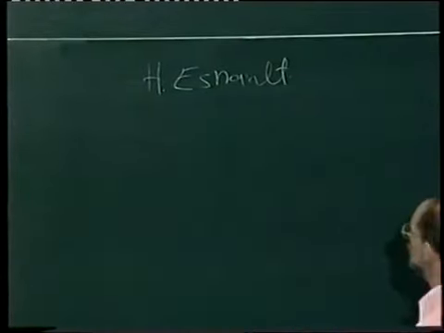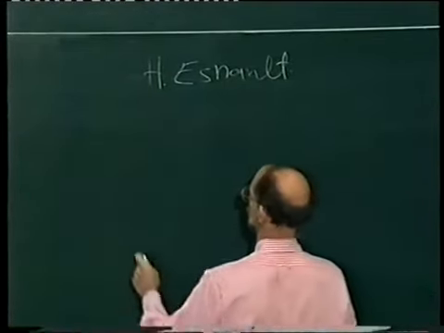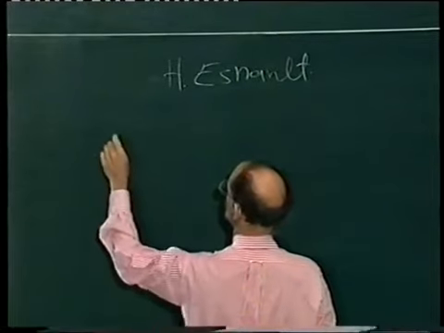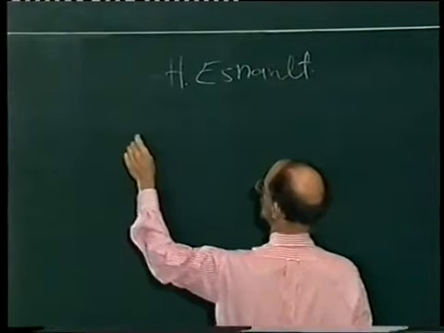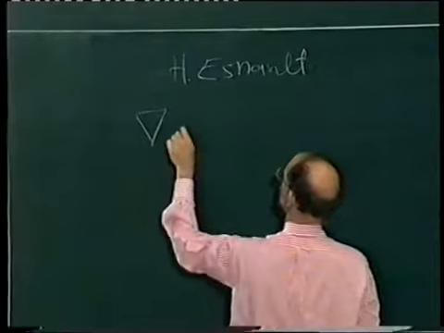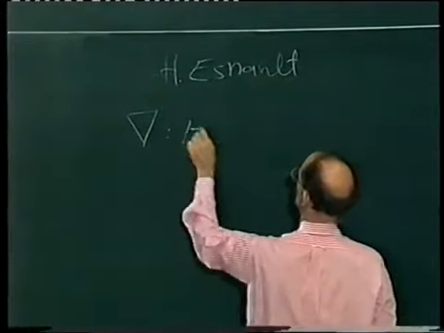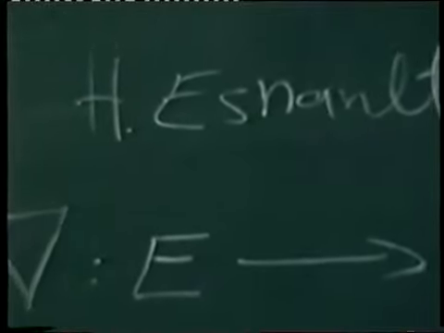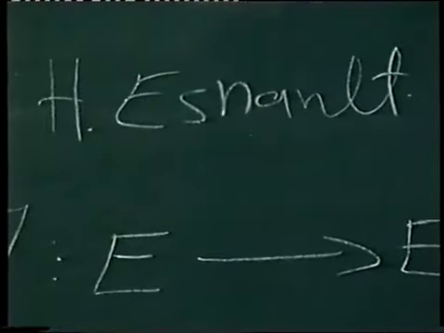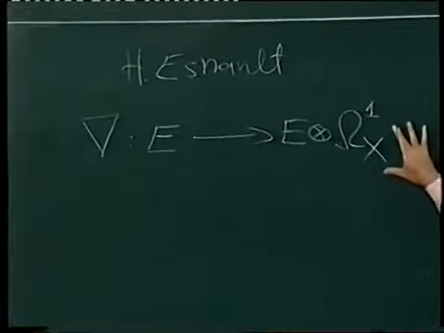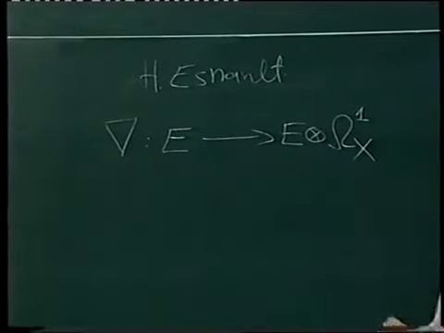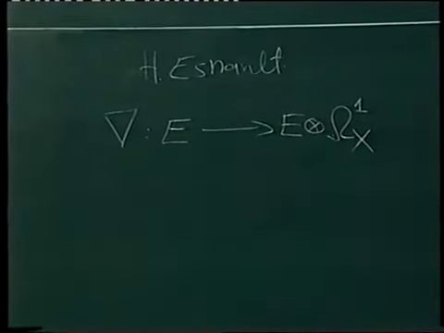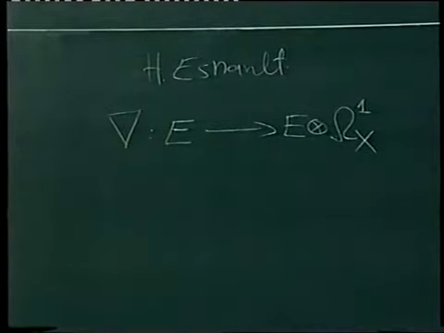And I want to consider linear differential equations. That is, from an algebraic point of view, I want to consider a connection. So we write it this way, where X is some algebraic variety, which for purposes of this talk you can think of as an algebraic curve.